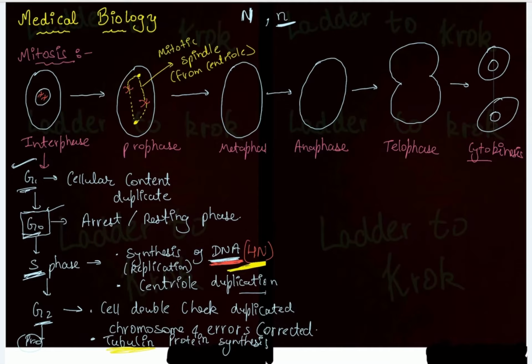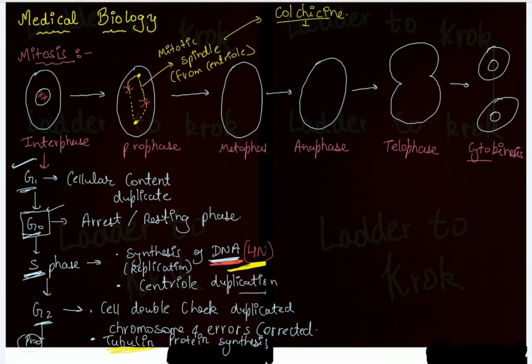I want to tell you one point here. It's kind of important, just remember that capital N is for DNA and small n is for chromosome. Now this mitotic spindle can be damaged by some drugs like colchicine.